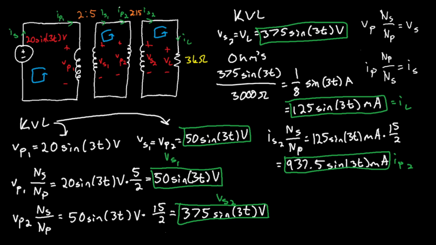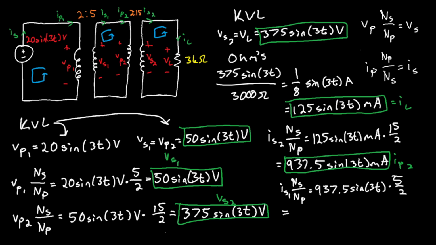IS of 1 is equal to IP of 2, right? This is just series circuits or just KCL. Once you have this, I think we'll barely have enough space to find IP of 1. So IS of 1 times NS over NP. IS of 1 is just equal to IP of 2, so we can replace it with 937.5 sine of 3t times N of S over N of P, which is 5 over 2.